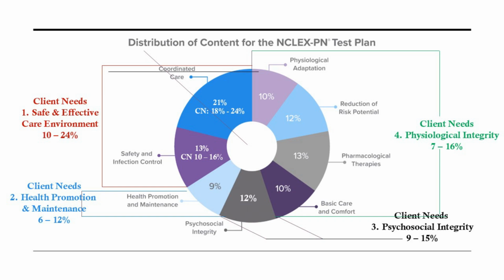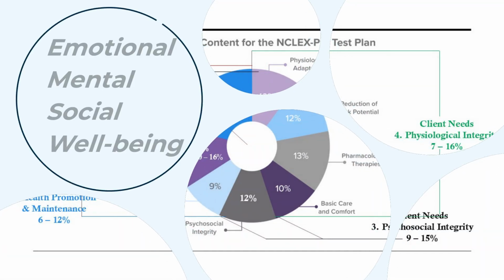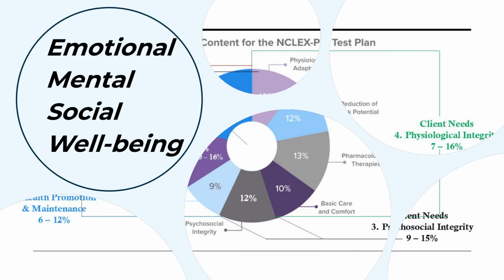The third category that the NCLEX PN tests is your psychosocial integrity. Now, psychosocial integrity deals with the emotional, mental, and social well-being of the client. All right?